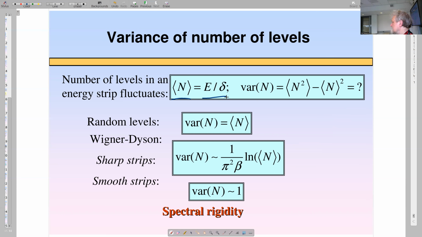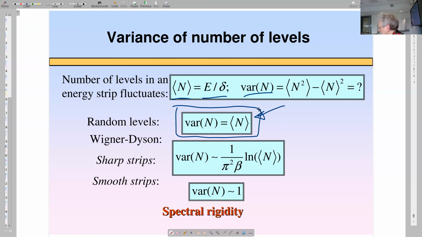We can talk about the variation of the number of levels. If the levels are random, taken from different dots, from independent systems, the variation, as you know, perhaps from your first days at university, is proportional to n, right? So the relative accuracy of your measurement is 1 over square root of n. This is the same formula. Random levels.